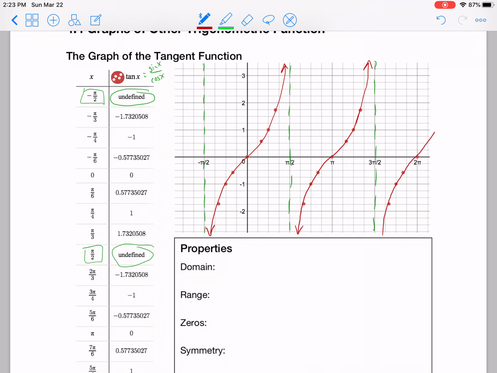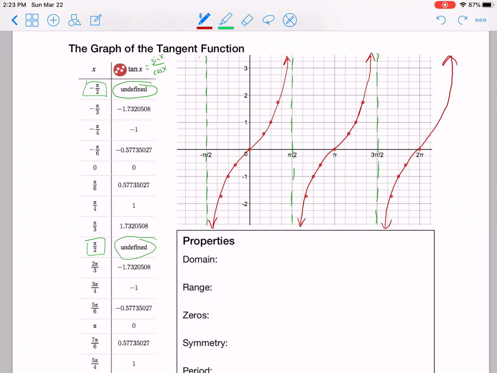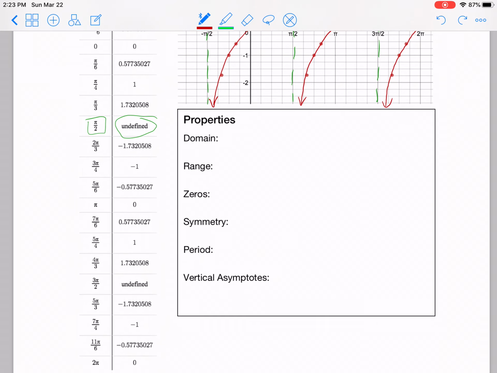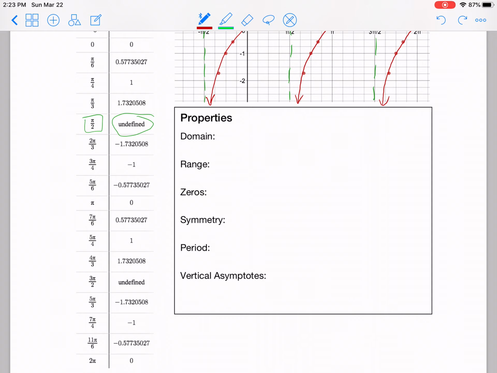If our graph went over, this would continue on up toward another asymptote, and it would do the same thing over on this side. It just keeps going like that on out to infinity in both directions. So make sure you know that basic shape, because then you'll have to do transformations and move that around from that location.